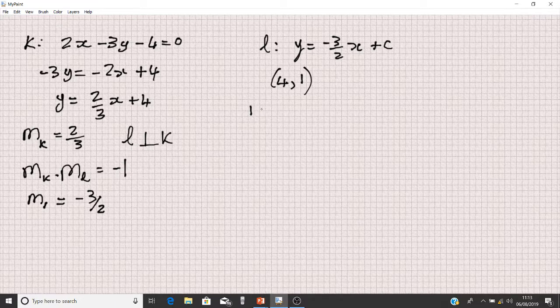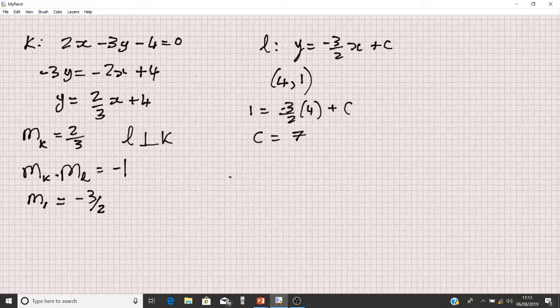So 1 equals -3/2 times 4 plus c. So -12/2 is -6, which gives us c equals 1 plus 6, which is 7.